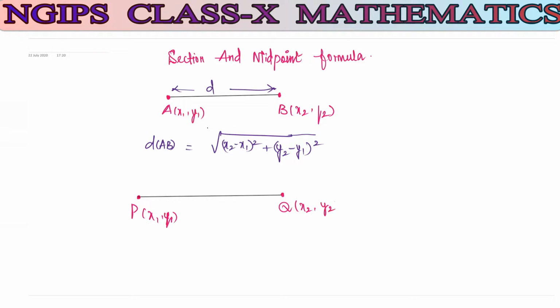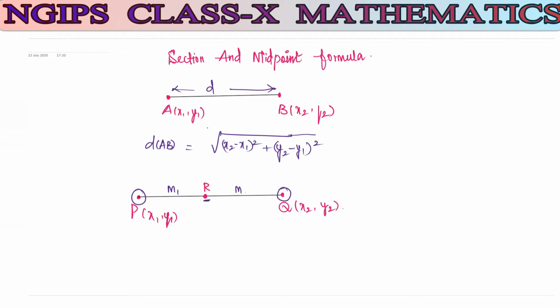Here we will deal with the coordinate of the point which divides this line joining 2 points in a given ratio. For example, I can take this point, it is R. This particular point divides the line joining these 2 points, so it divides P and Q in the ratio m1 and m2.